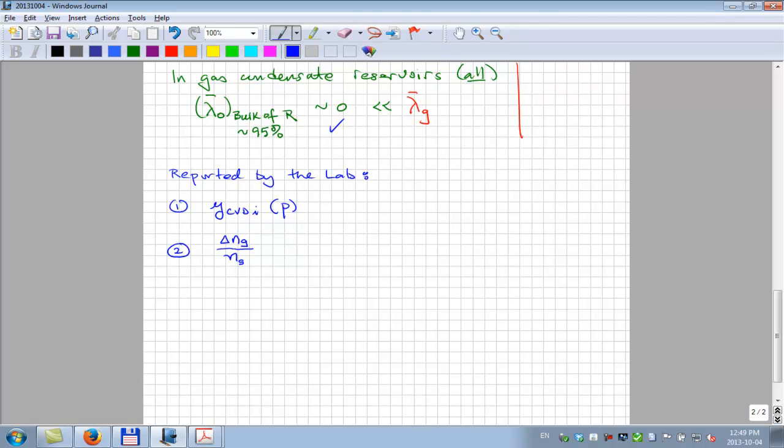Okay? So it's like a percentage, it's like a recovery of total moles from what you start with at the saturation pressure. Now sometimes they'll express it in moles per mole. Sometimes they express it as standard cubic feet per standard cubic feet, or million standard cubic feet per million standard cubic feet.